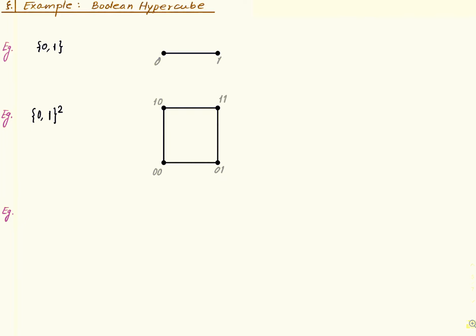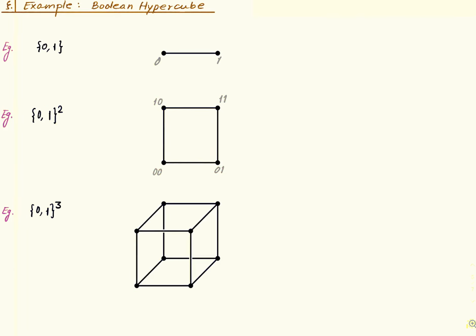So when I write 00 here, I really mean (0, 0); 01 means (0, 1). This means (1, 1). And this means (1, 0). That's just shorthand. So one can visualize this in this fashion. And yes, of course, we can go to 3 dimensions. So this one can visualize in this fashion, and you can label these in the natural way.